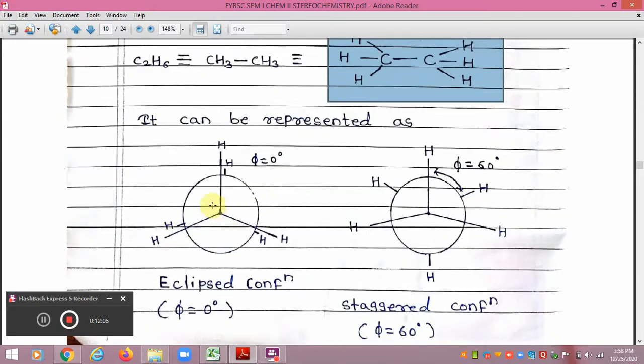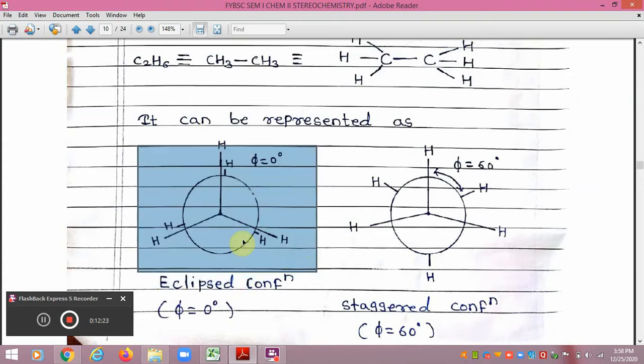The front carbon is indicated by the center of the circle, and its bonds originate from the center of the circle, and the back carbon is shown by the circle itself, and its bonds originate from the periphery of the circle.